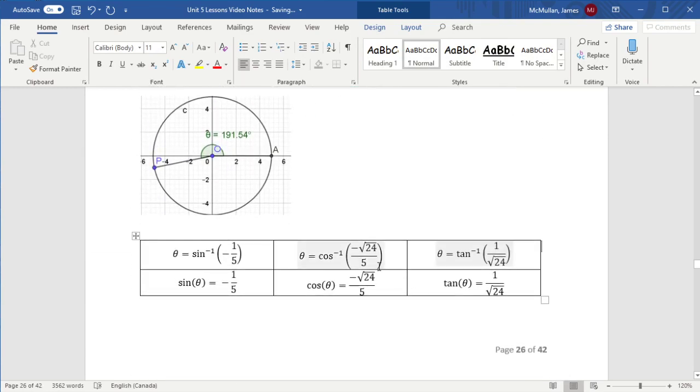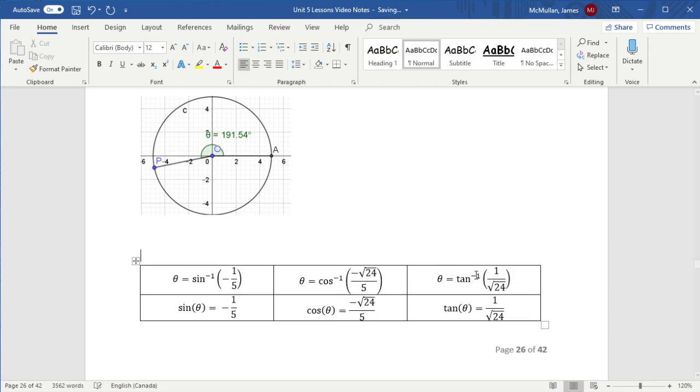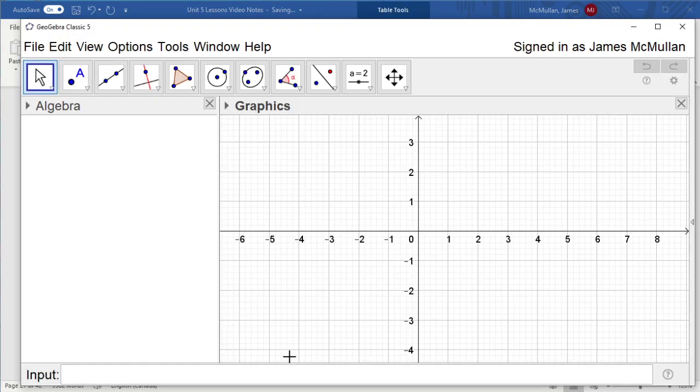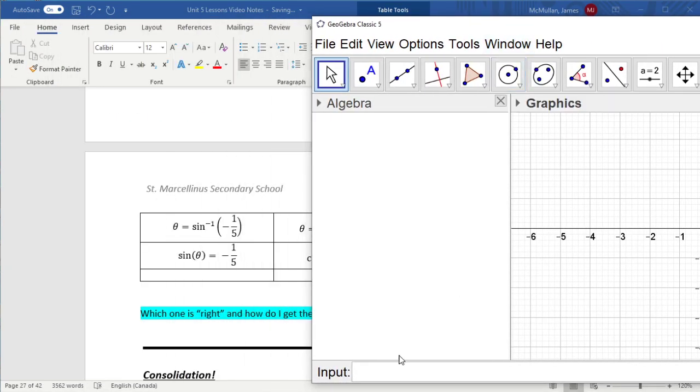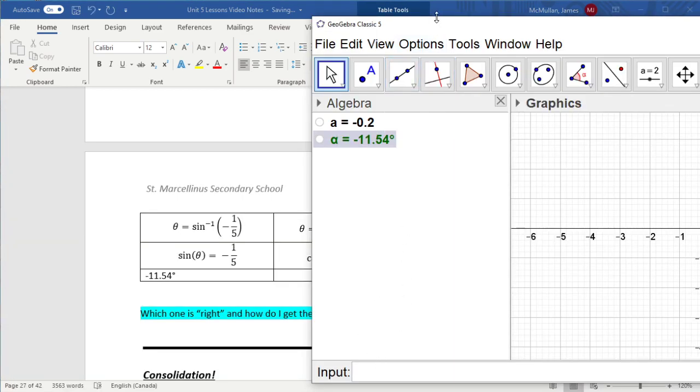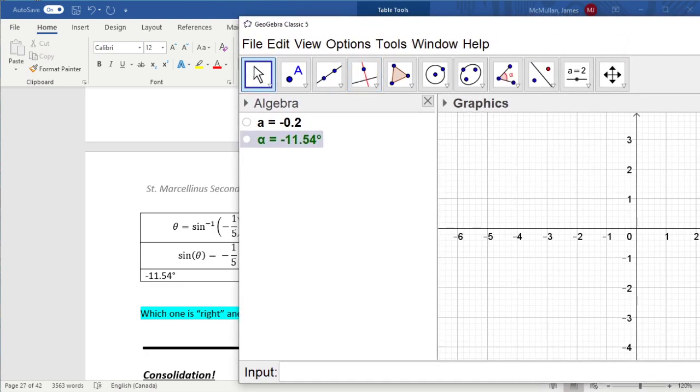Now, when we inversed each of these things, let's go back to GeoGebra and we'll inverse each of them. Negative 1/5 is the sine, so I go inverse sine of that number, and it gives me negative 11.54. Now I inverse the cos, so negative square root 24 divided by 5.